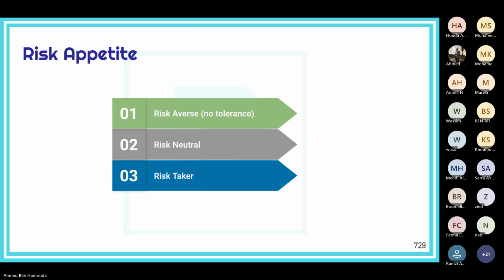Sometimes treating risks depends on the culture of where the project is being managed. So I've worked in cultures where people are very risk averse. They're not risk tolerant at all.